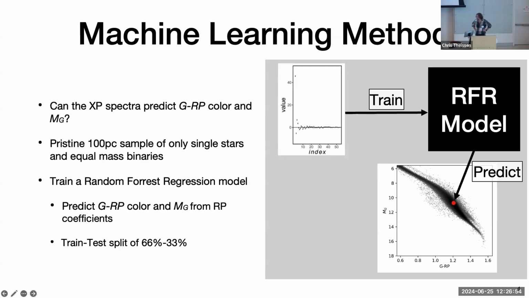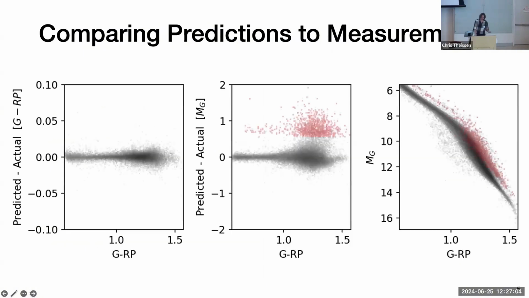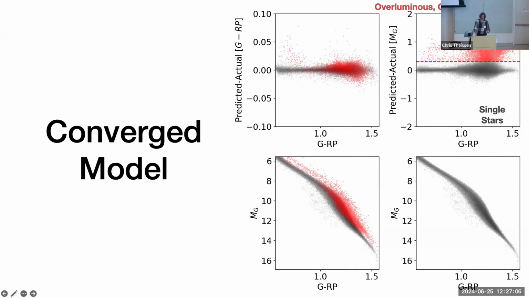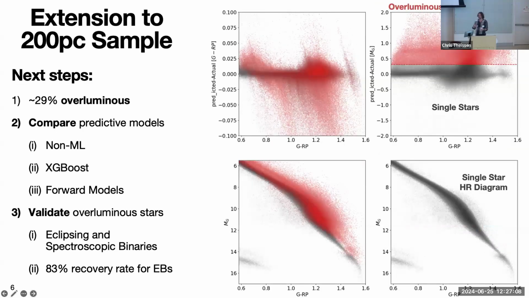And in effect, when we iterate and we remove stars that are overluminous, we're converging on what we assume are the single stars, but you don't know precisely what you're converging on. So I'd really love to flip this around and have a generative model where instead of going from these XP coefficients to absolute magnitude and color, saying, can we generate what we think the XP spectra should be, and in that way compare our posteriors to the actual measured absolute magnitudes and colors.